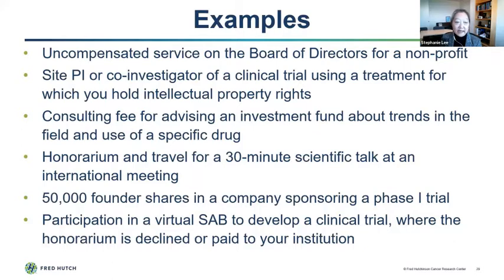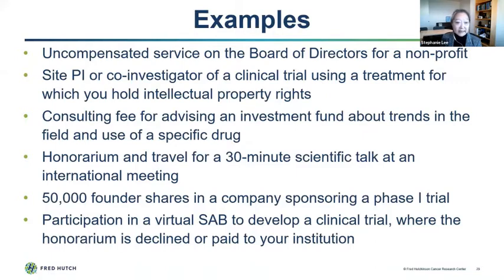So the first one is uncompensated service on the board of directors of a nonprofit institution. So what does this mean in terms of conflict of interest? Well, it's uncompensated, so there's no money. It's a nonprofit, which is much better than a for-profit. A nonprofit does enjoy some exclusions. It's the board of directors, however, so it's a leadership role.